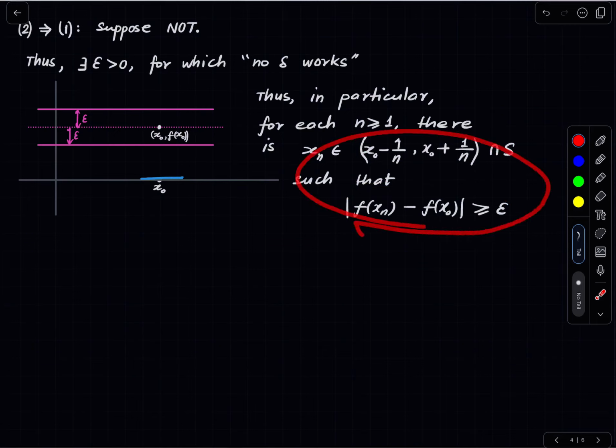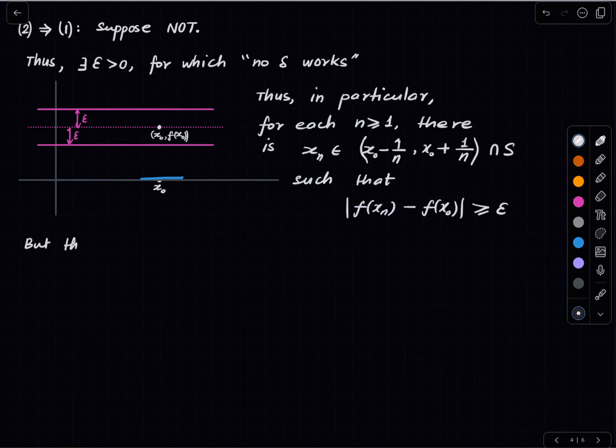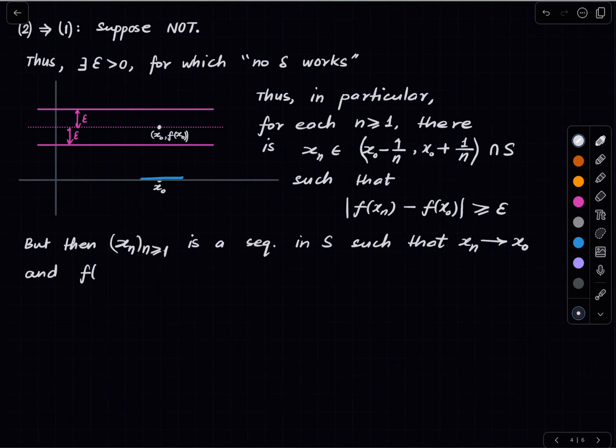So we have that, but then xn is a sequence in S such that this is the case, and f(xn) does not converge to f(x0).